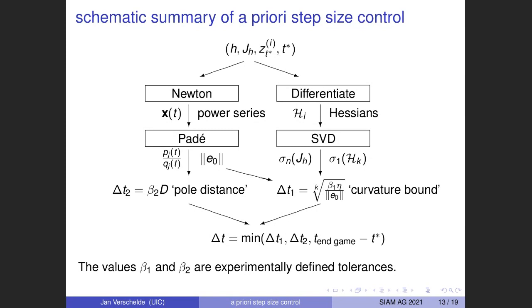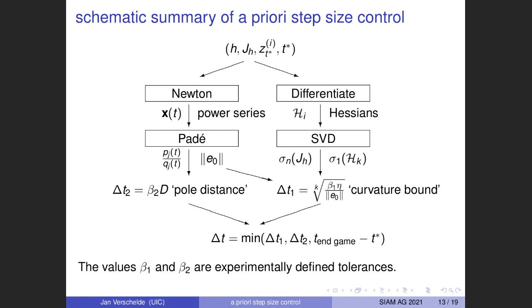We also solve linear systems in the Padé approximants, and then we also do linear algebra when we compute respectively the smallest singular value and the largest singular value. So there are just 2 bounds, a bound on the curvature, and then also an estimate.